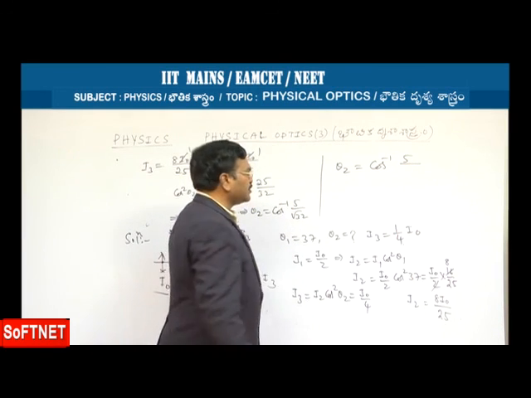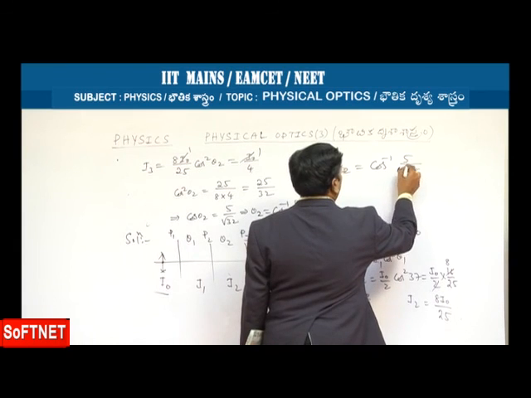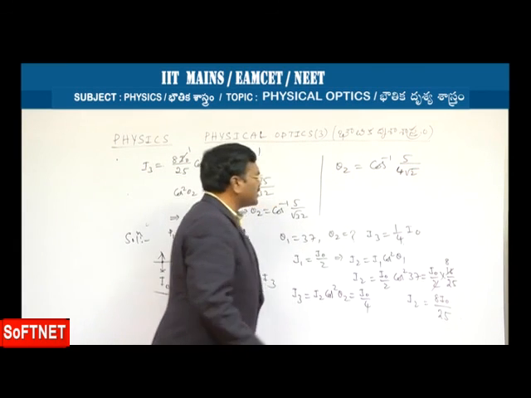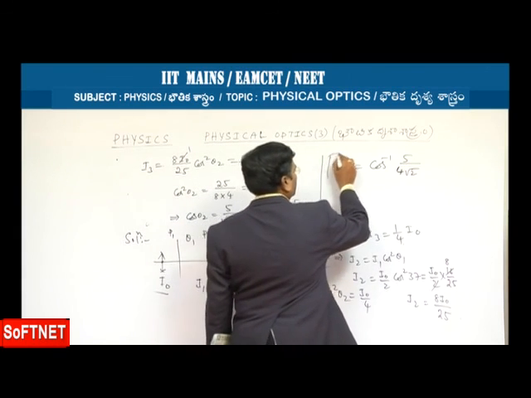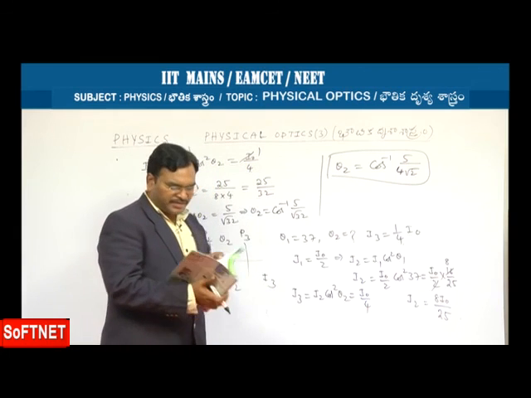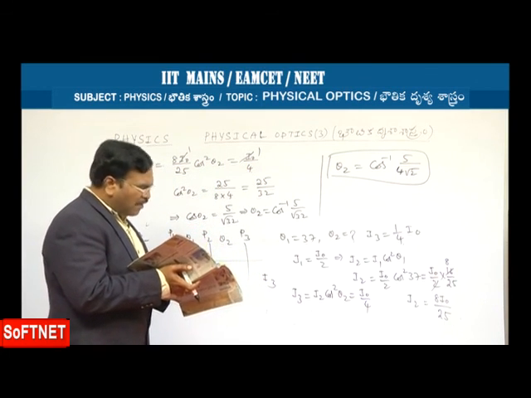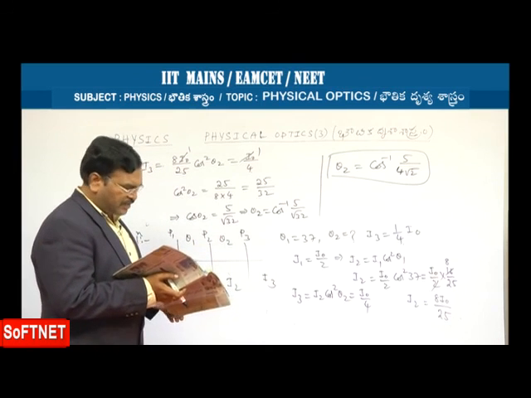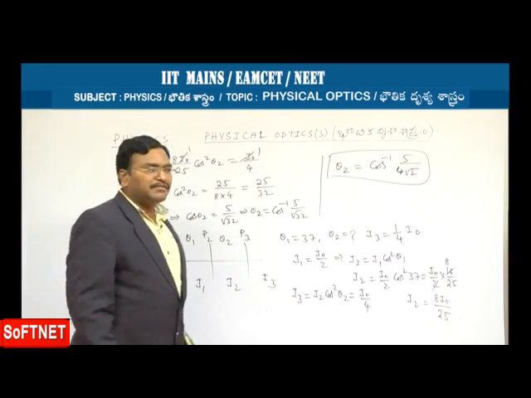Root 32 means root 16 into 2, so 4 root 2, since root 16 is 4. Now θ2 is cos inverse 5 by 4 root 2. That option is there. So which option is correct? θ2 is equal to cos inverse 5 by 4 root 2.